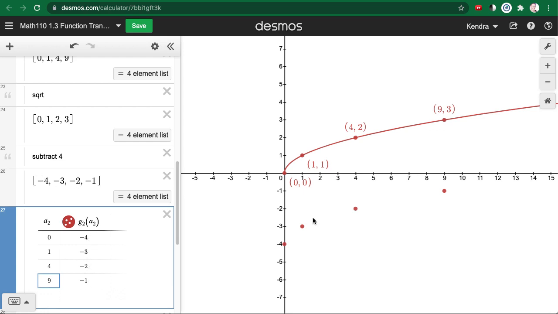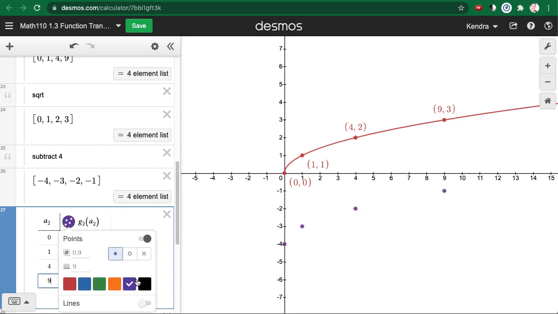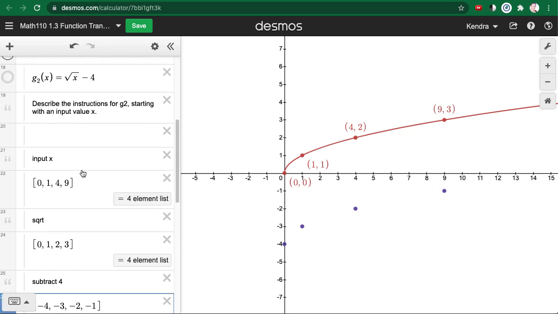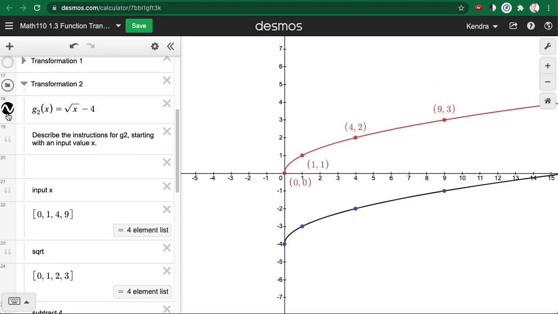There they are. Here are those points graphed. I'm going to change the color so they're not red. And so we can see those key points and fill in the graph. Of course, I could do this by hand, and we can just let Desmos graph it for us, but we're tracking to actually understand what is happening here and why this is happening.